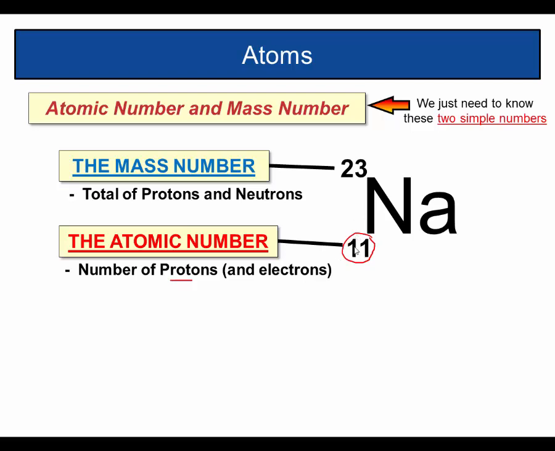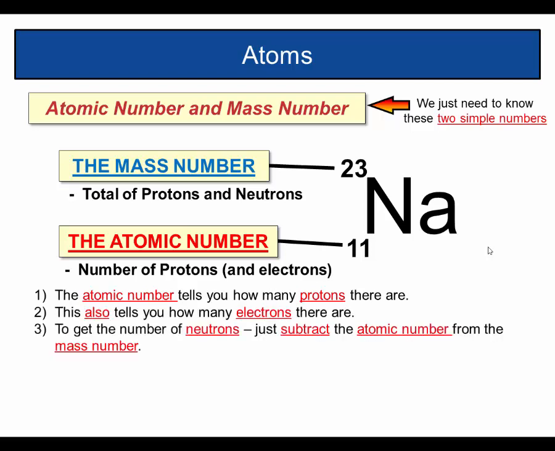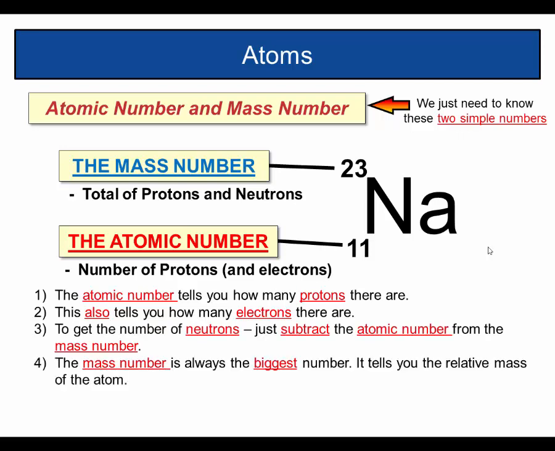So in this atom of sodium we've got 11 protons in the nucleus and 11 electrons outside the nucleus. Sorry, I wrote something wrong there, ignore that. So the atomic number tells us how many protons there are, and also the number of electrons. To get the number of neutrons, you just subtract the atomic number from the mass number.